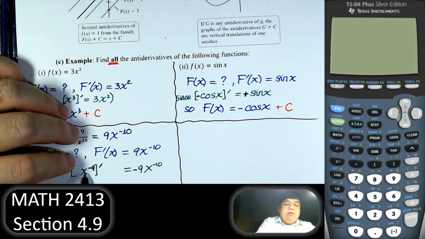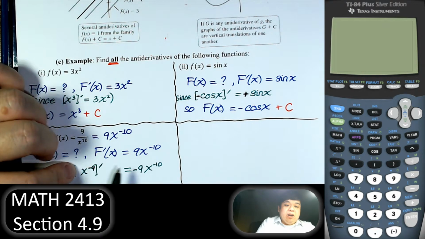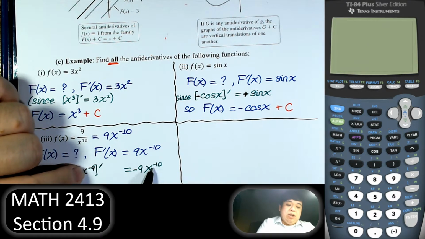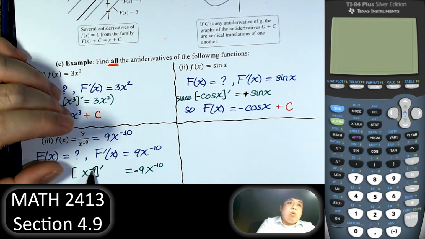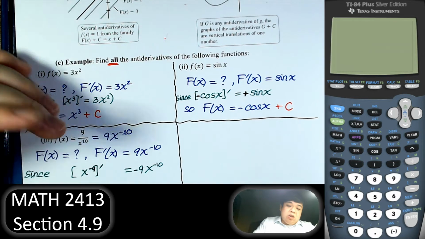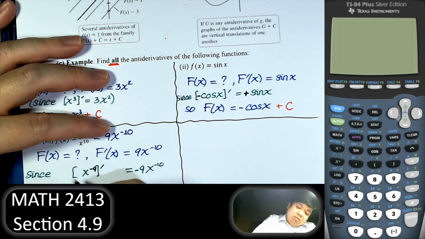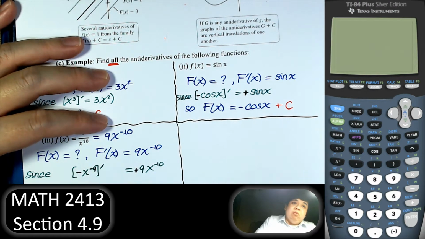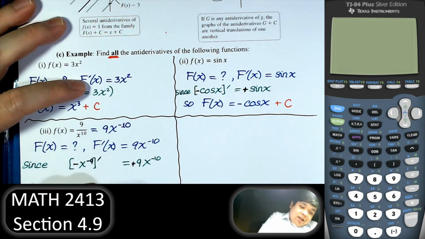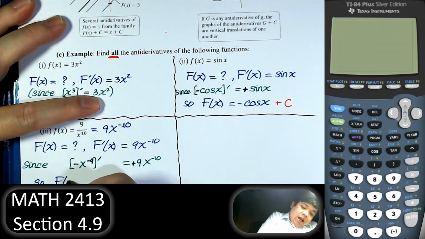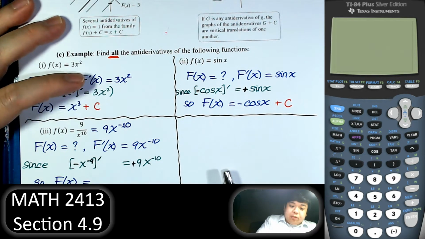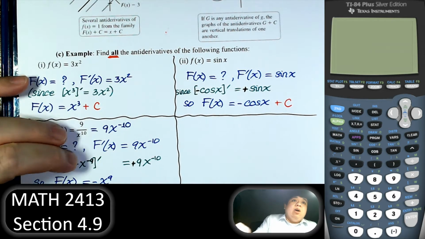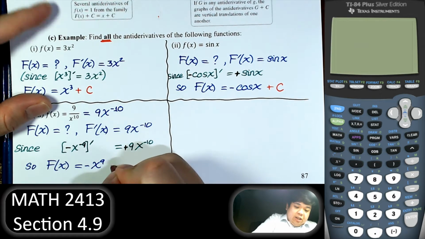The derivative of x to the negative 9: we take the negative 9, original power minus 1, negative 9 minus 1 is negative 10. So that's why we start with negative 9. Just like last time, because that is negative, to ensure it is positive, we turn the sign of both of them. Because that is the case, we can say f of x is equal to negative x to the negative 9, once again, plus the constant c.